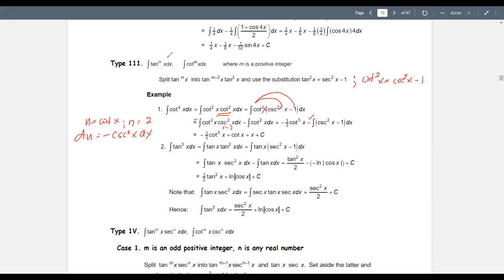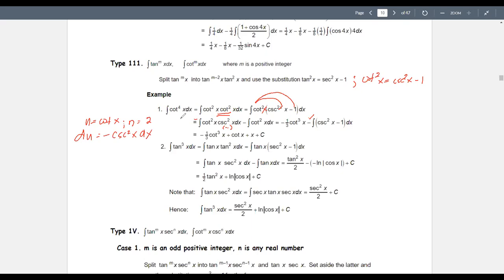Okay? So the procedure in transforming a tangent or cotangent function raised to a positive integer is that you split it into one function that has the even exponent and convert it to an equivalent identity, and the rest could be already integrated. Just like in the case in here for number 1.